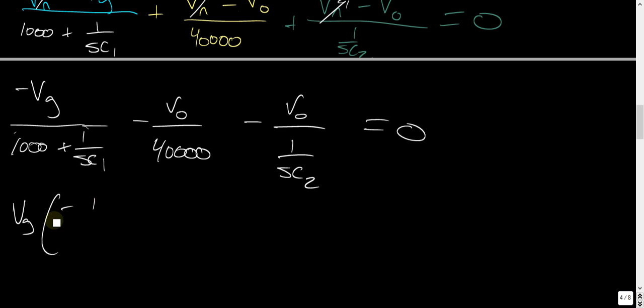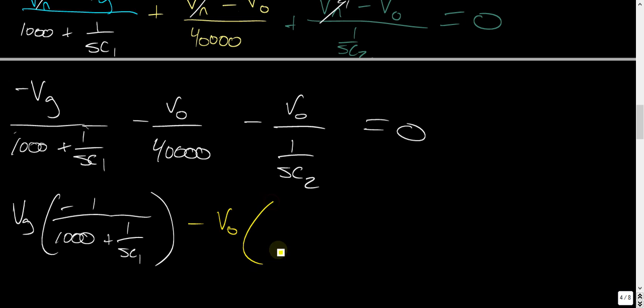Minus 1 over 1,000 plus 1 over SC1. And this portion, I need to change colors, it's getting crazy. Pull out this minus and a V out. And then that's going to be 1 minus 40,000.